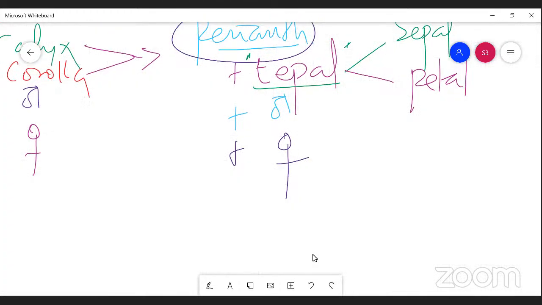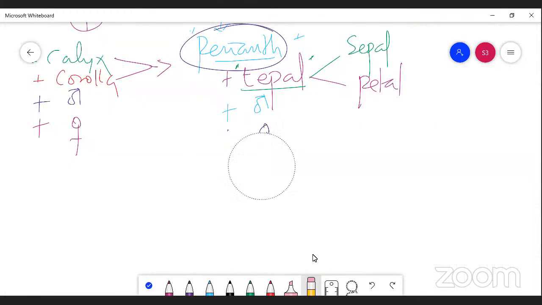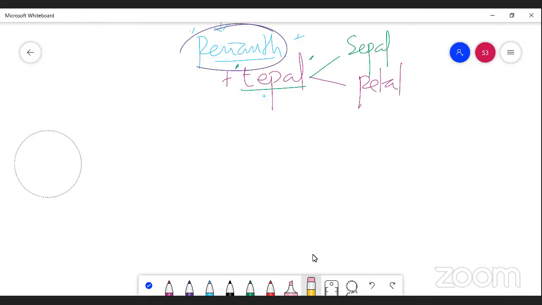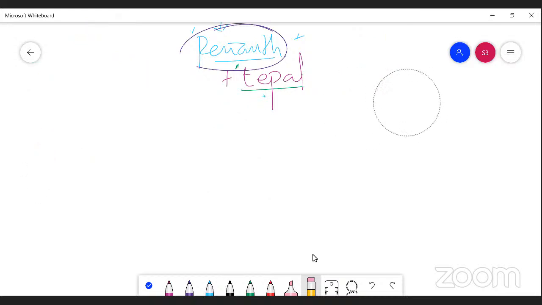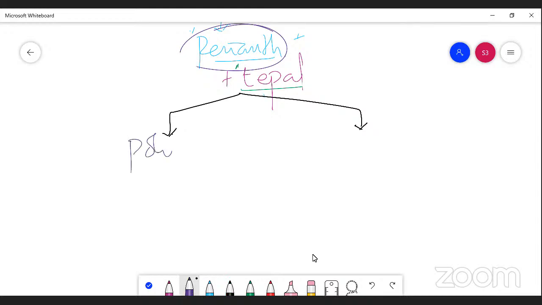My dear student, just imagine, here you find sepals and petals are not differentiated. That is a perianth, and it is divided based on fusion. The first category is polyphyllous. Polyphyllous means the tepals are freely originated.